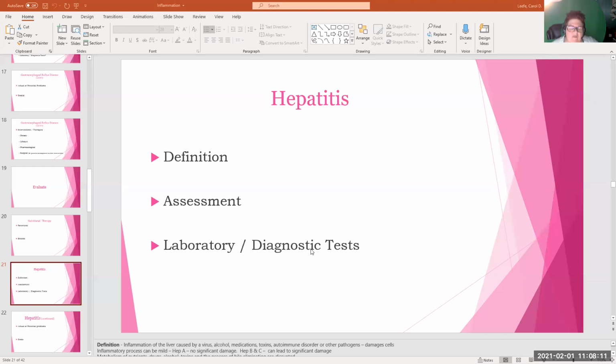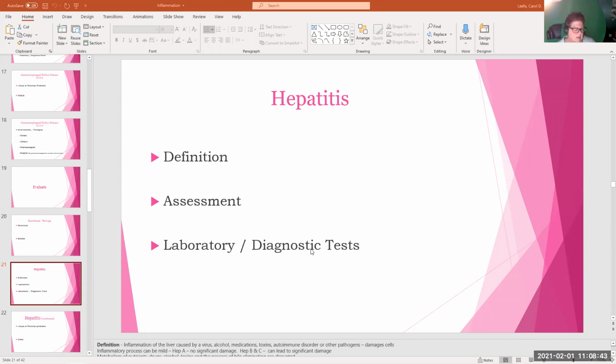All right. And to determine the extent of liver impairment, there is what we call a liver profile or the liver enzymes, and that's ALT, alanine aminotransferase, AST, aspartate aminotransferase, ALP, alkaline phosphatase. Okay, those are all in your lab sheet.